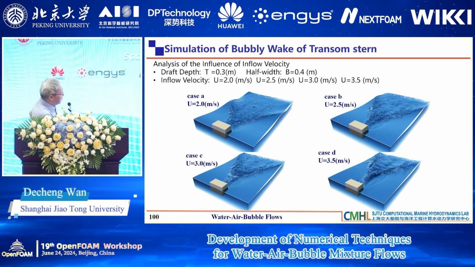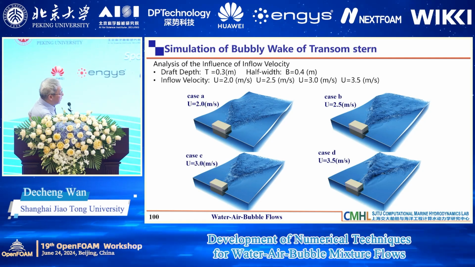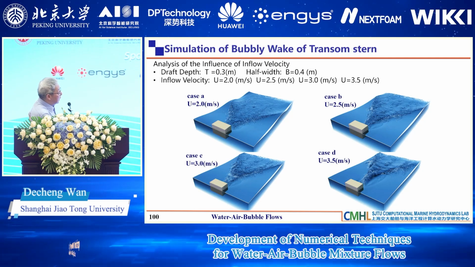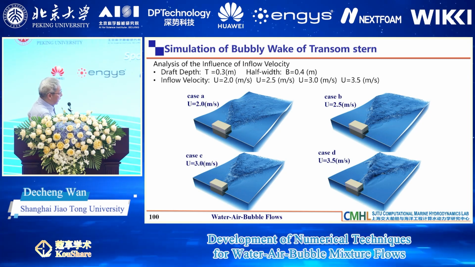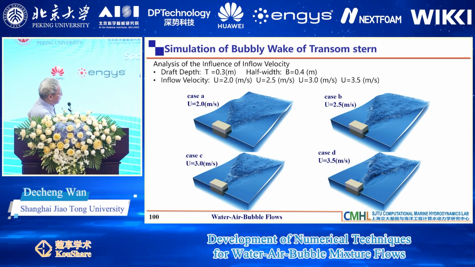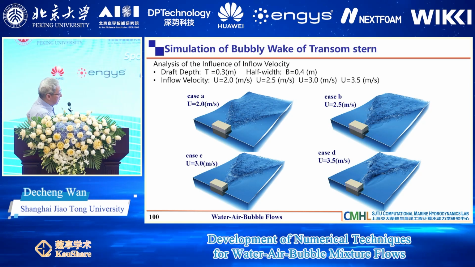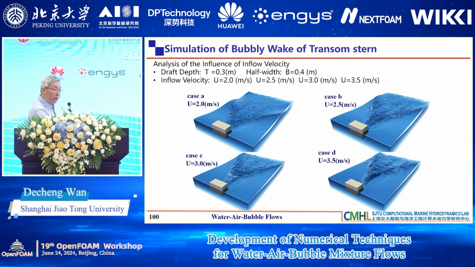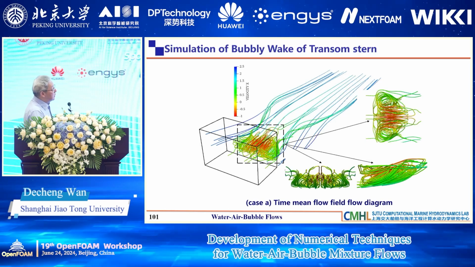If you use different sizes of this cubic, you can get different standing breaking waves. With different incoming velocities and different cubics, you can get different forms. This is a streamline.